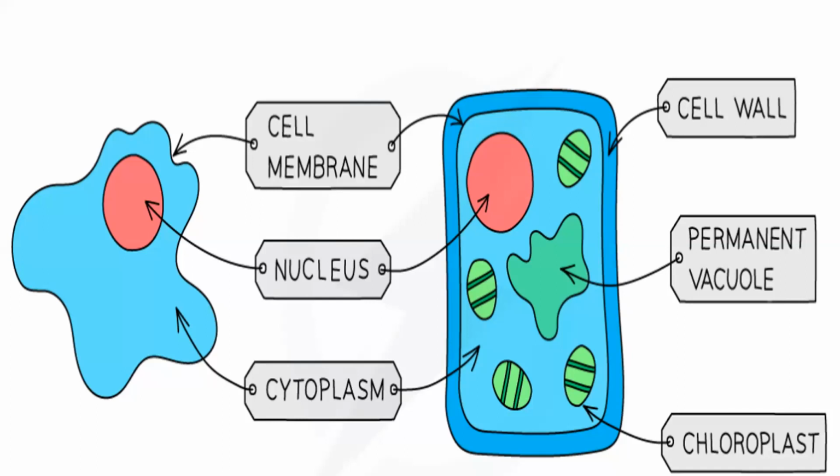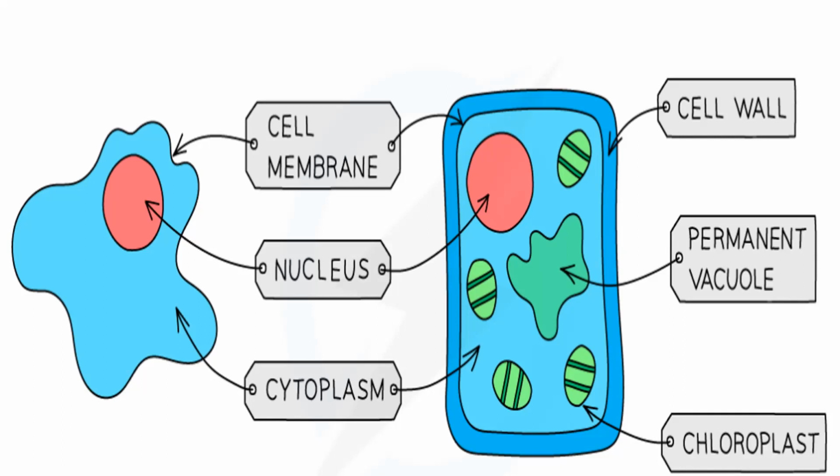There is a difference between the animal cell and plant cell: animal cells only have a cell membrane and don't have a cell wall, but both have a cell membrane. This is a similarity.